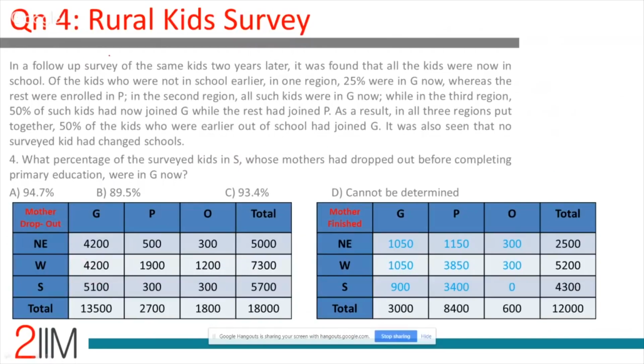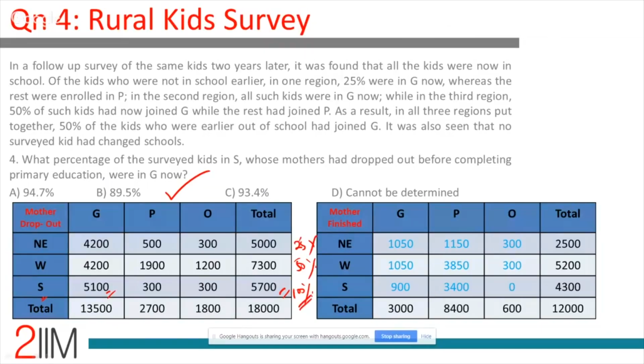What percentage of the surveyed kids in S whose mothers had dropped out before completing primary education were in G? So effectively, mothers were dropped out. We're looking at this table. In S, what percentage of this number is now this? Remember, 25% went totally, 50% went totally, 100% went totally.